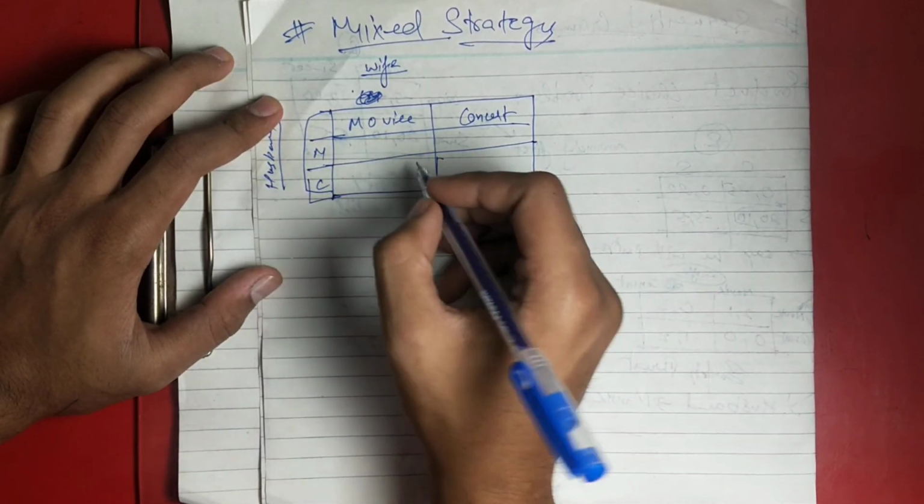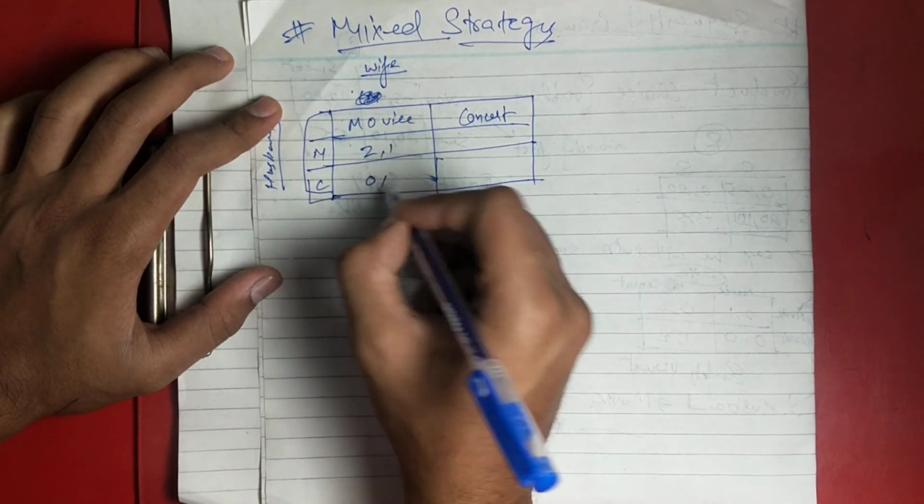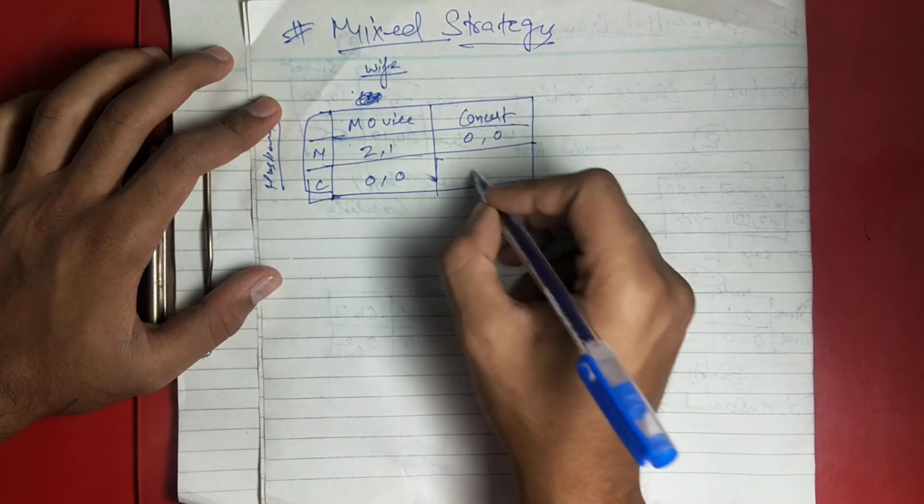Okay, and the same example: 2 comma 1, 0, 0, 0, 0, 1 comma 2.